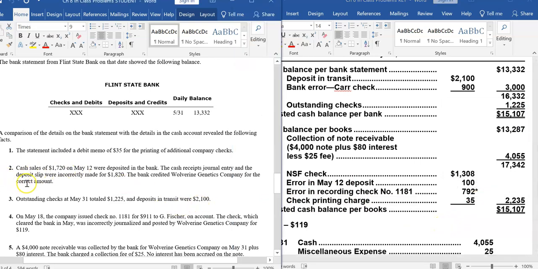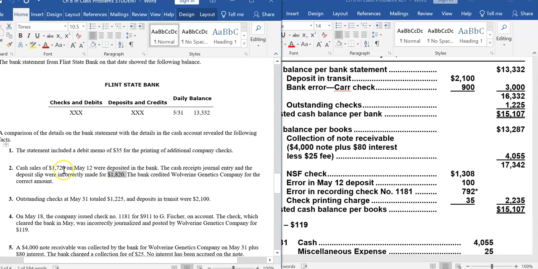Next, cash sales of $1,720 on May 12th were deposited in the bank. The cash receipts journal entry and the deposit slip were incorrectly made for $1,820. The bank credited Wolverine Genetics Company for the correct amount. So $1,720 was deposited in the bank. When we recorded it into the general ledger, we incorrectly recorded it for $1,820.